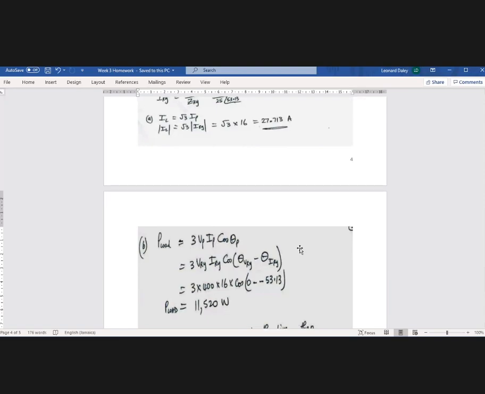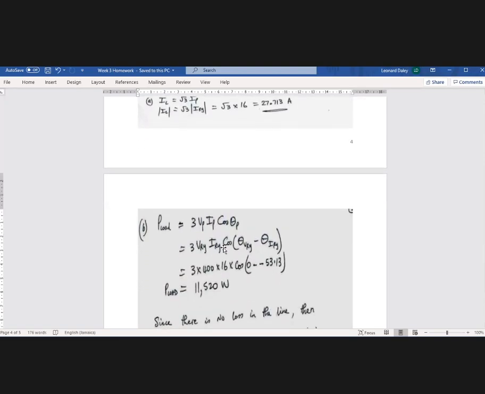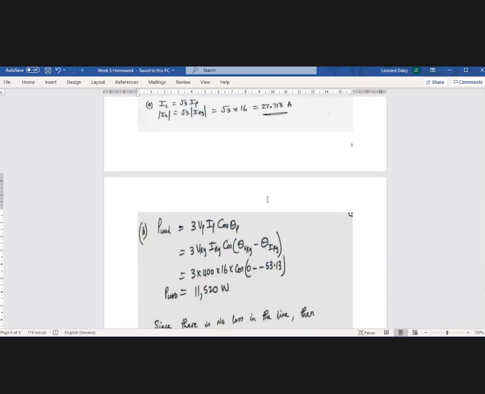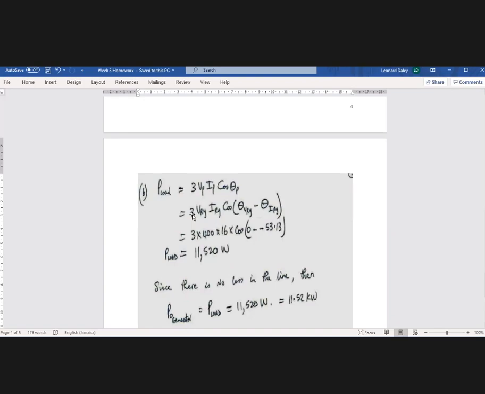Using the data we worked out for the red yellow phase, it's 3 VRY times IRY cos of theta VRY minus theta IRY. So it's 3 times 400 times 16, because IRY is 16, then the cosine of 0 minus 53.13.